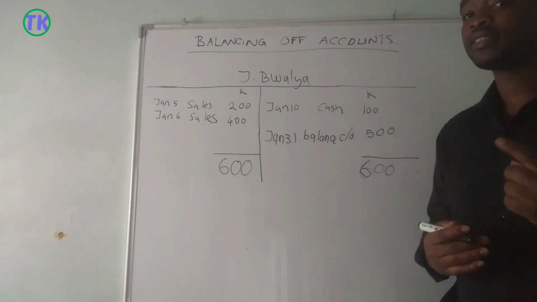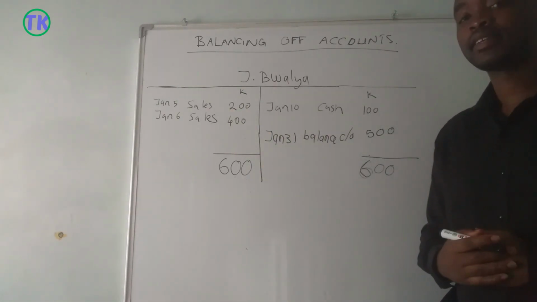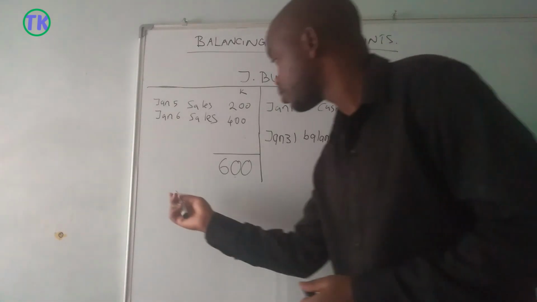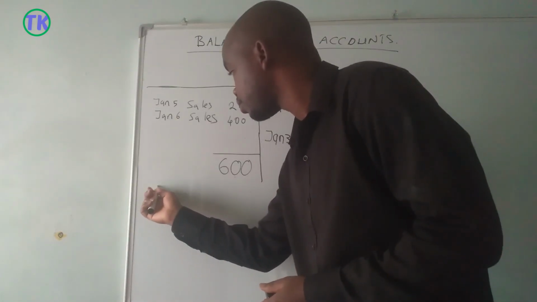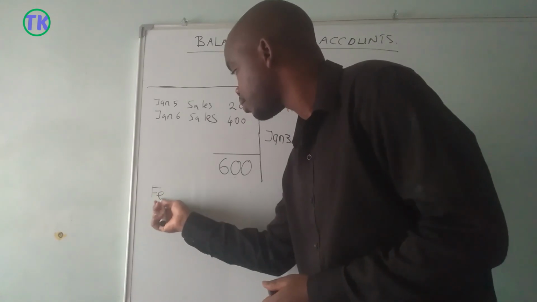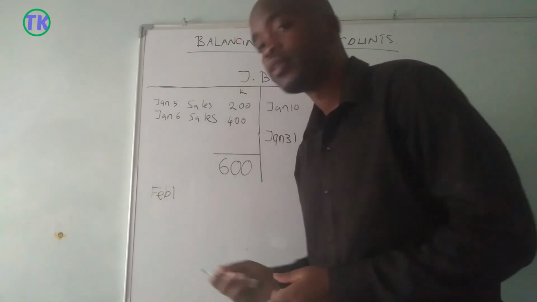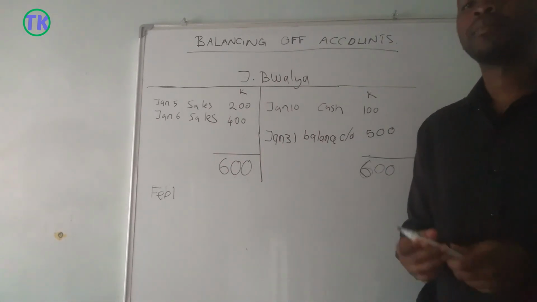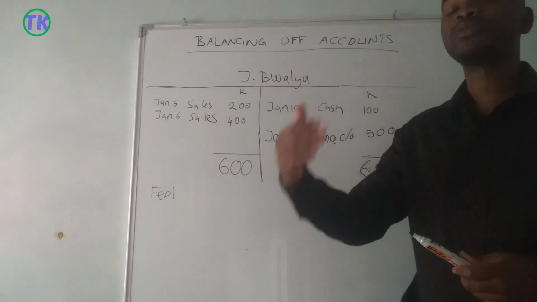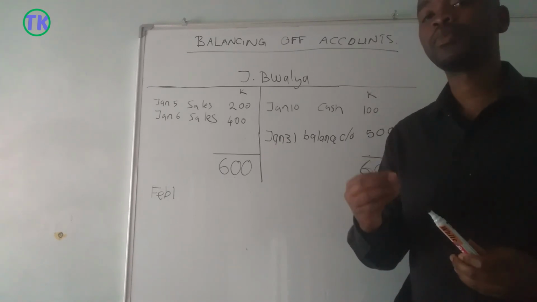So that's what we indicate just under the debit side. The description for the balance that is taken to the next accounting period is called the balance brought down.